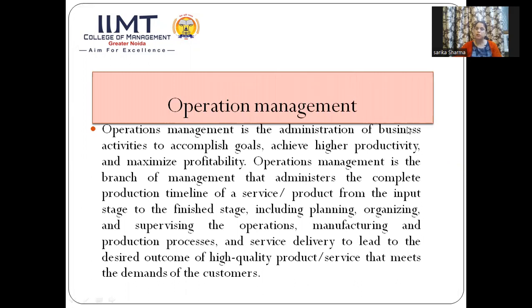Operation management is the broad term and production is the narrow term. In operation management we can include service as well as administration. Operation management is the administration of business activities to accomplish goals, achieve higher productivity and maximize profitability.